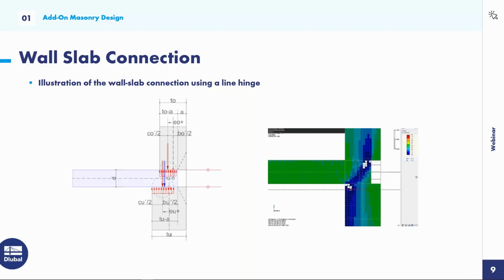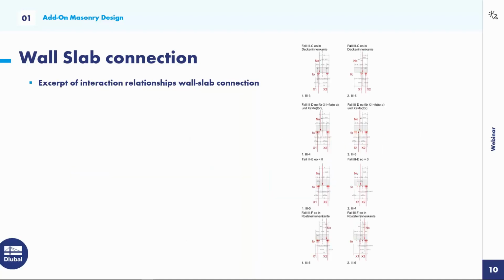But the problem is the offset. That's why we developed an interaction equation where the maximum possible moment in condition to the normal force is considered. This topic can now be considered with a line hinge in RFEM 6.